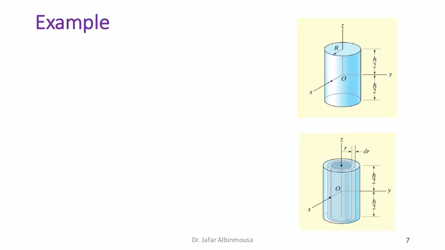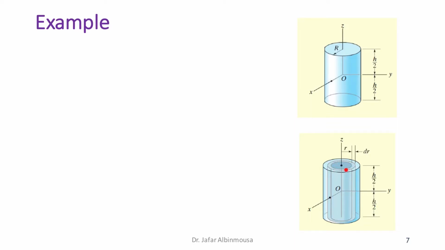Now let's have an example on how to use the shell or the disk element to determine the moment of inertia for a body. Here we have a cylinder as shown, and this cylinder has a constant density, and we would like to determine its moment of inertia along the z-axis. The cylinder has a radius of capital R and a height of h. Now clearly the most suitable element here is the shell element, which is represented down there.